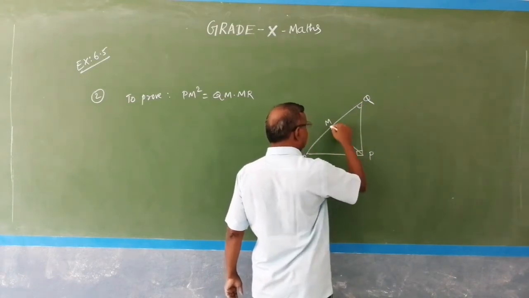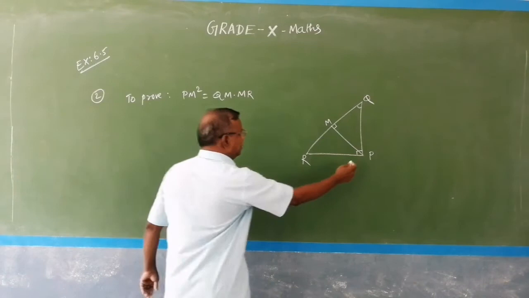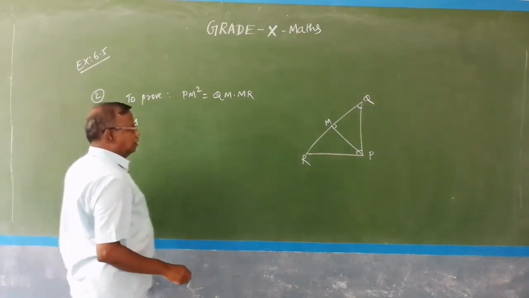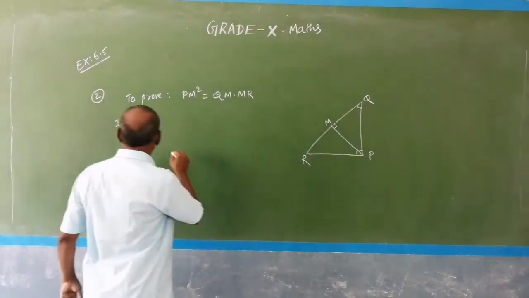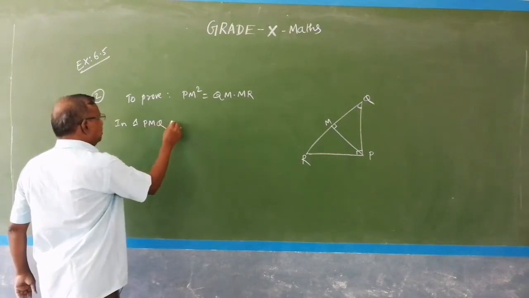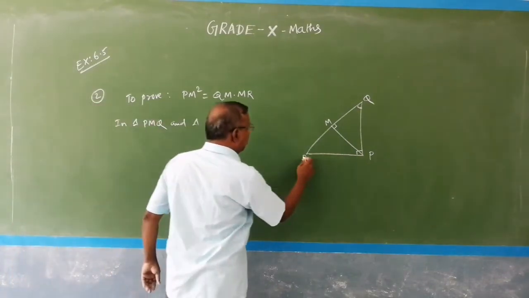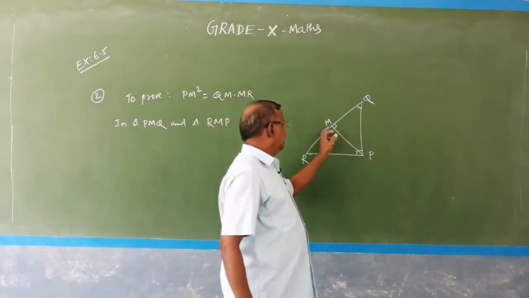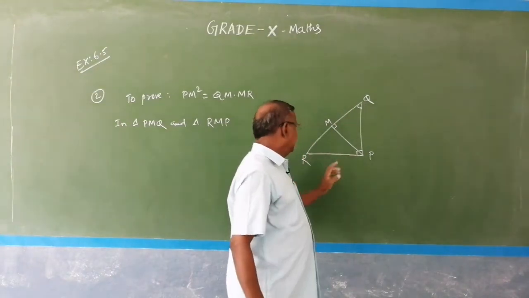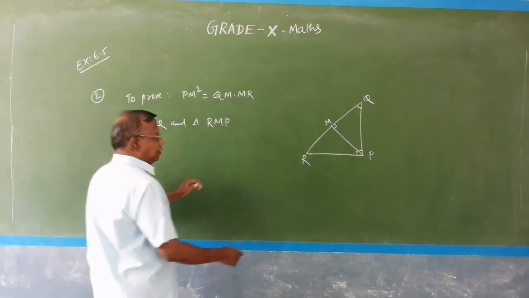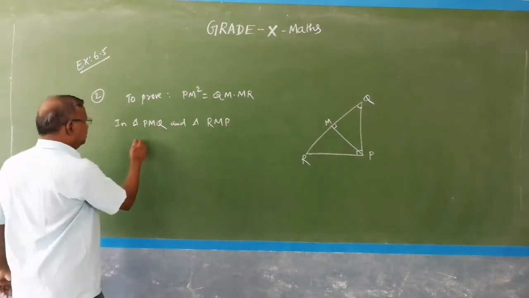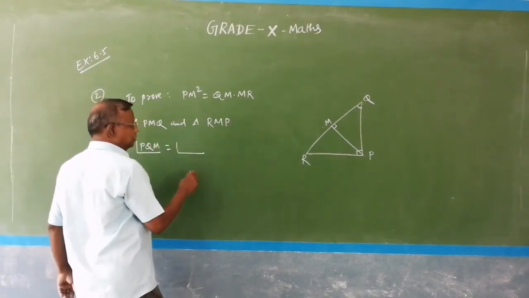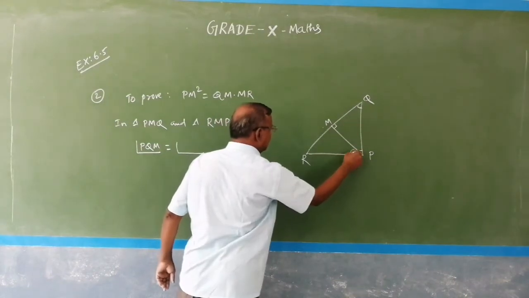So, we know that the angle MQP or PQM, in triangle PMQ and triangle RMP, angle PQM is equal to angle RPM. Already we have studied that these two angles are equal.